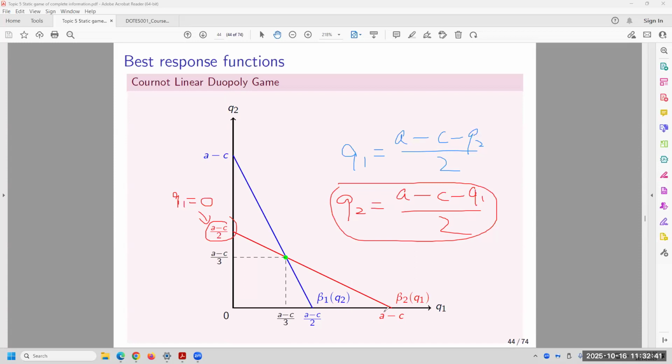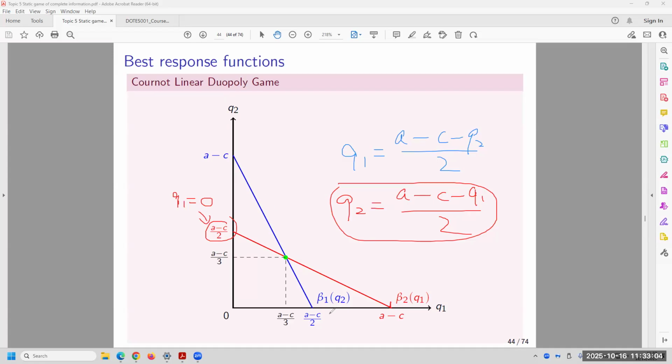But when Q1 is A minus C, the price is 0, so Q2 is 0 and it's here. So this is the less steep line. And you can do the same for the blue.